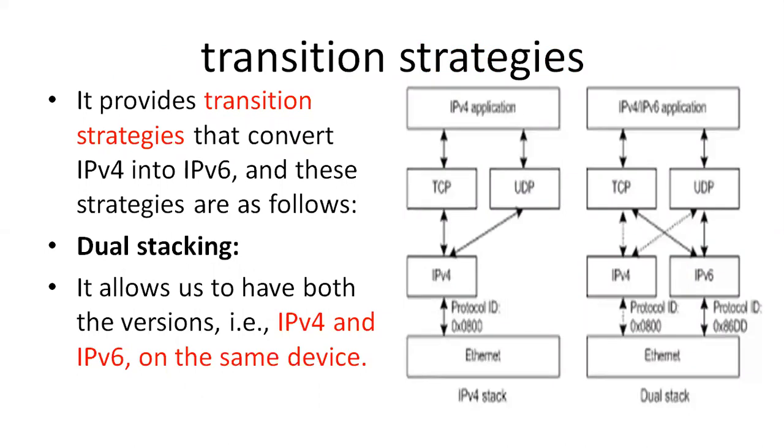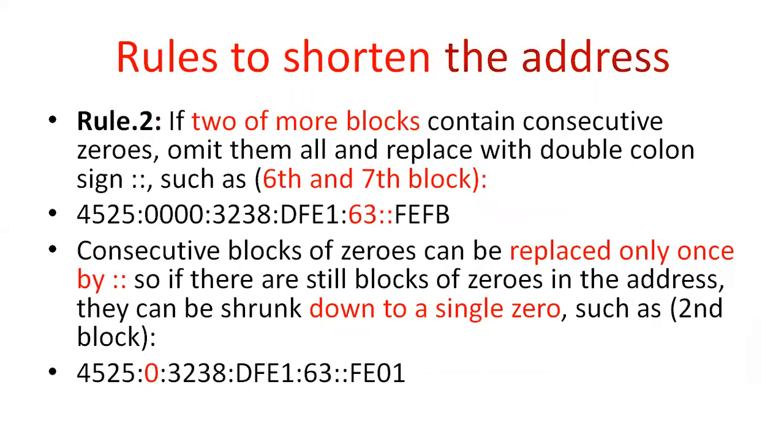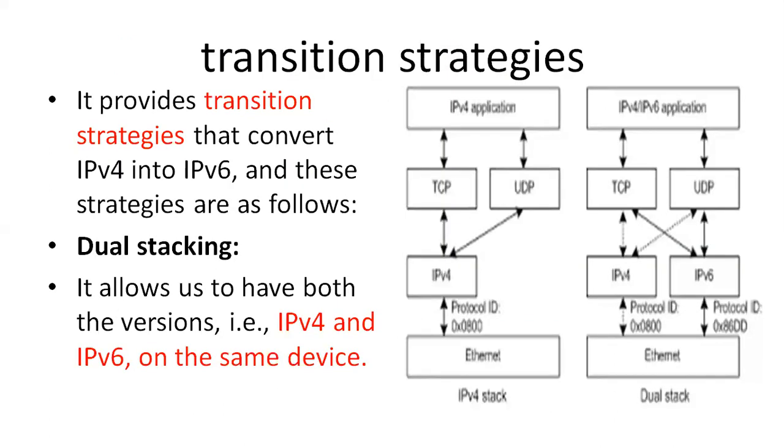That's why you use DNS, the domain name system, converting names into IP addresses, as previously discussed. Here also you will use the domain name system. The next important topic is transition strategies. IP version 6 provides transition strategies for converting IP version 4 into IP version 6.